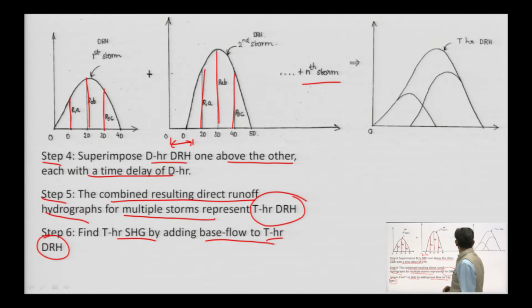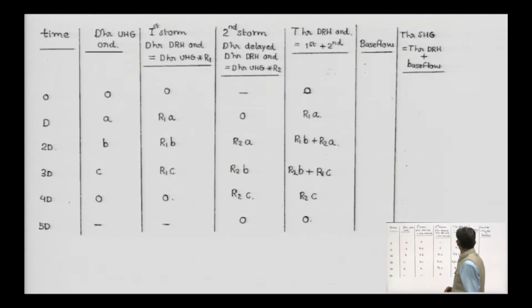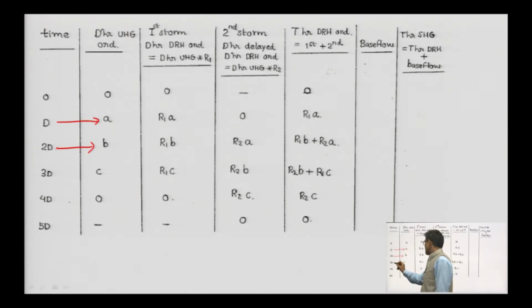So, let us take an example through these values. The DR UHG ordinates: at time t equal to 0 it is 0, at D it is A, at 2D it is B, then C, and at 4D it is 0.